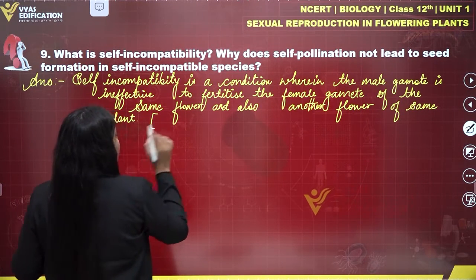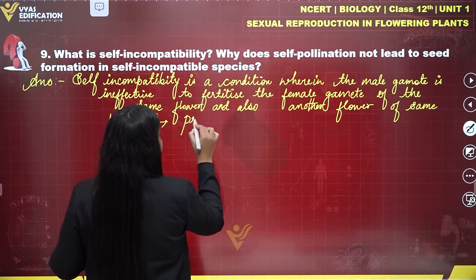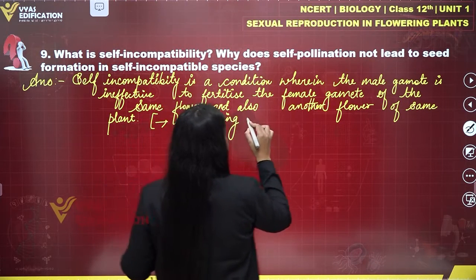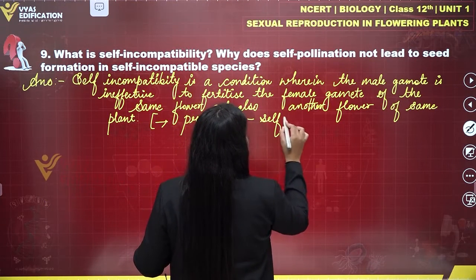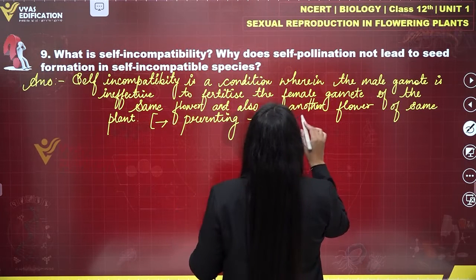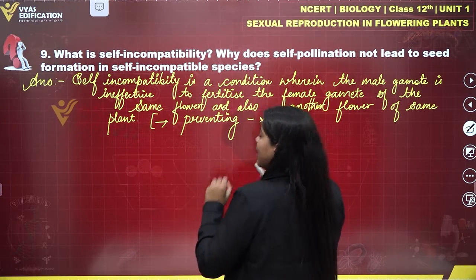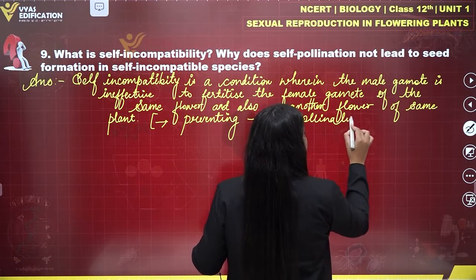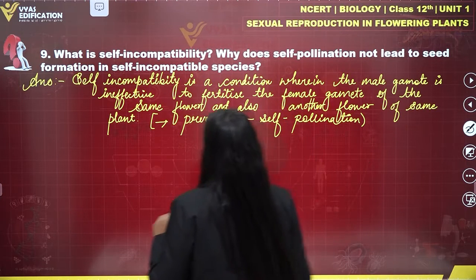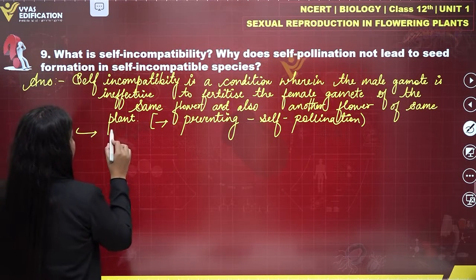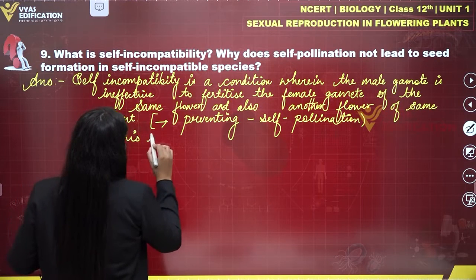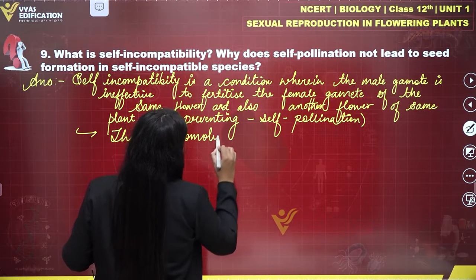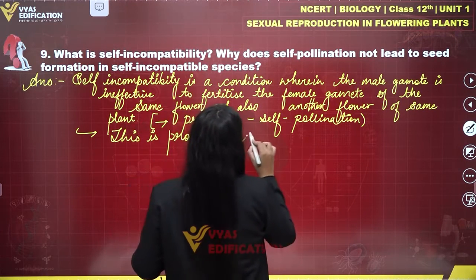So now this self-incompatibility is preventing self-pollination. That is why the plants have evolved this type of strategy to actually prevent self-pollination. So this is preventing self-pollination, but at the same time this is promoting cross-pollination.